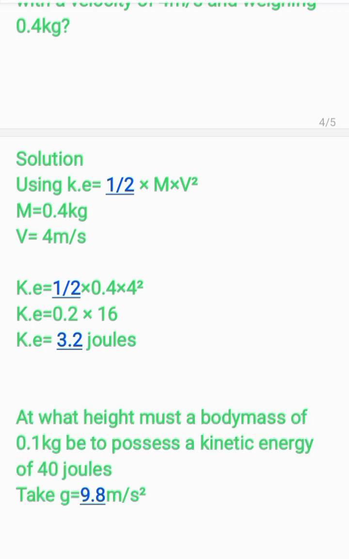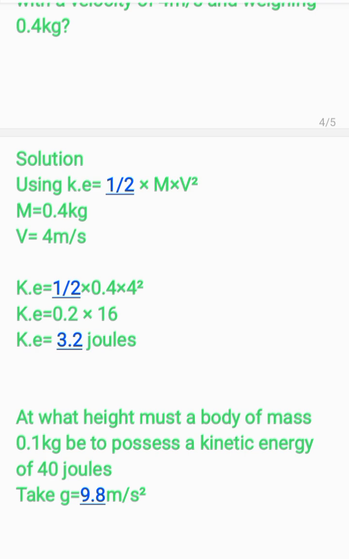At what height must a body of mass 0.1 kilogram be to possess a kinetic energy of 40 joules?